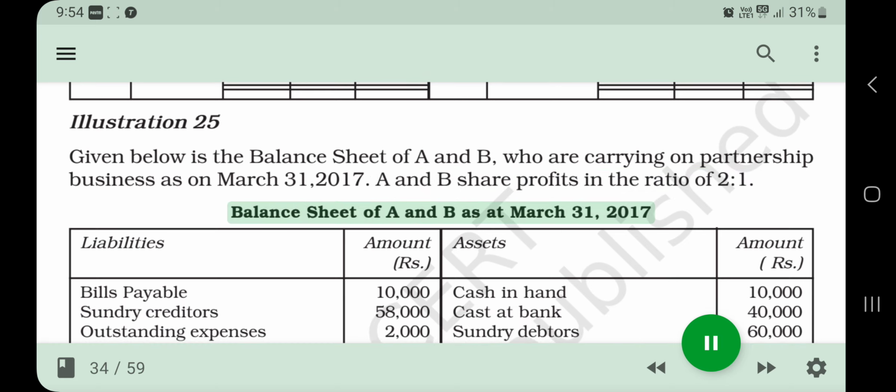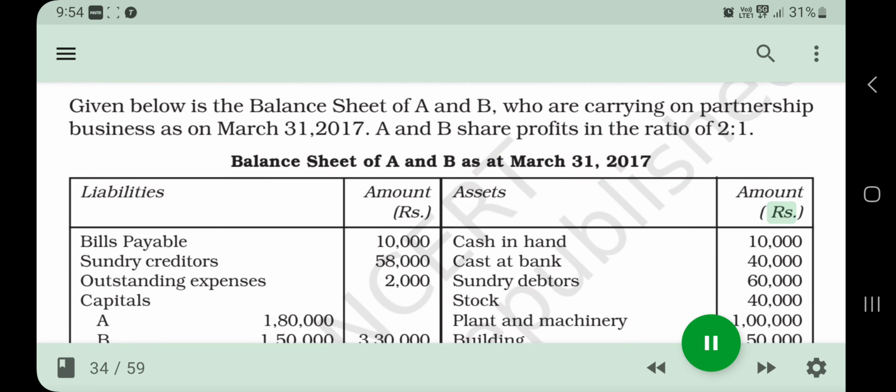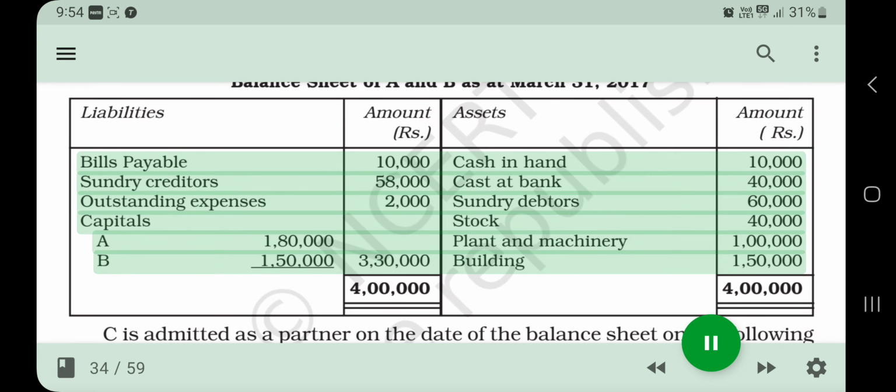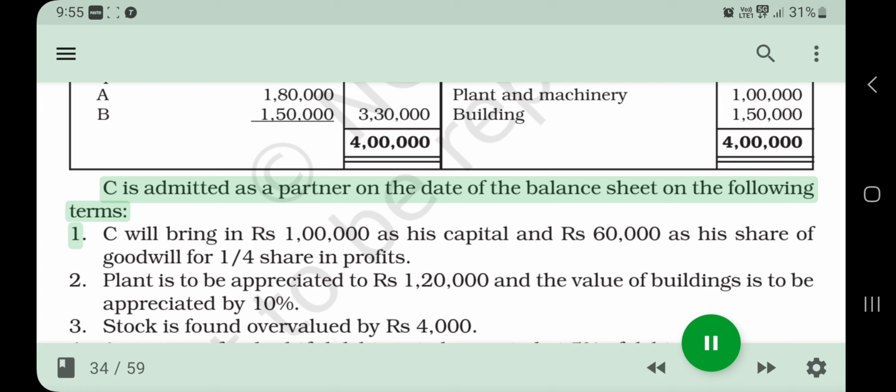Liabilities: Bills payable 10,000; sundry creditors 58,000; outstanding expenses 2,000; capitals A 180,000, B 150,000, total 330,000. Assets: Cash in hand 10,000; cash at bank 40,000; sundry debtors 60,000; stock 40,000; plant and machinery 100,000; building 150,000. Total 400,000.